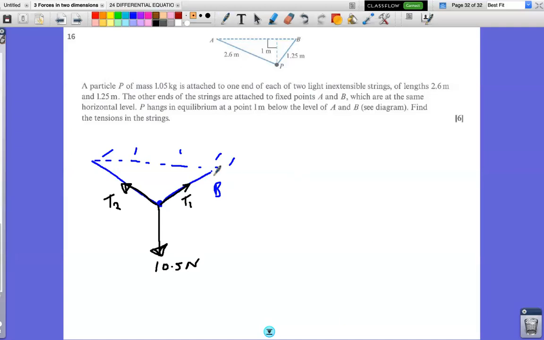So all you need to do is find this angle here, theta, and this angle here, alpha. This angle is the same as this. And this angle here is the same as that one.